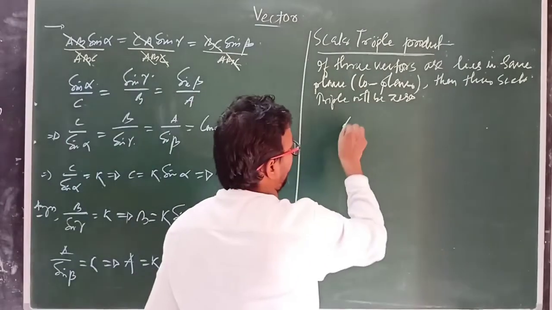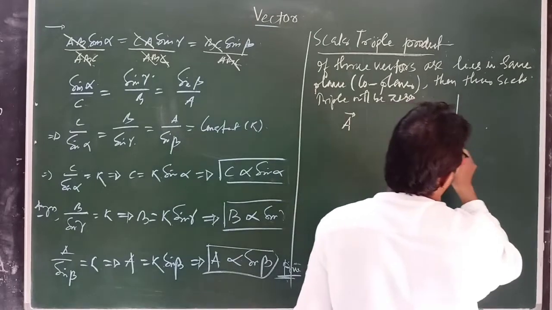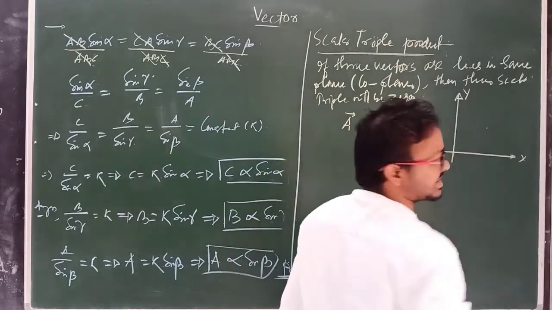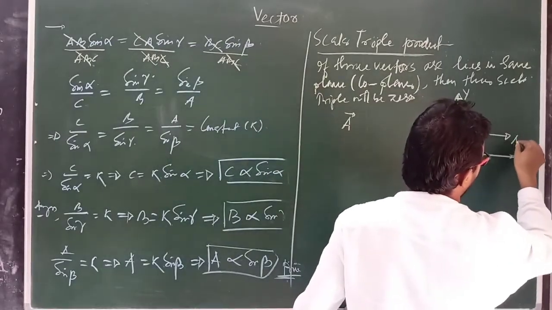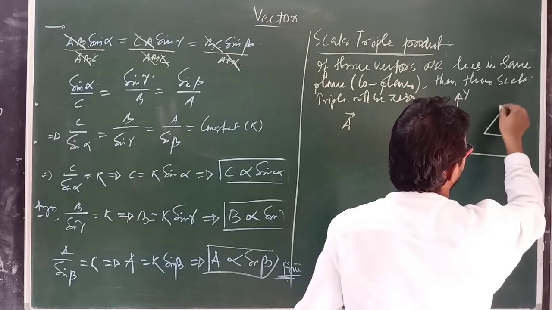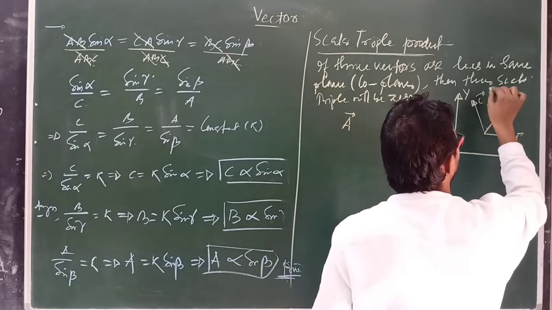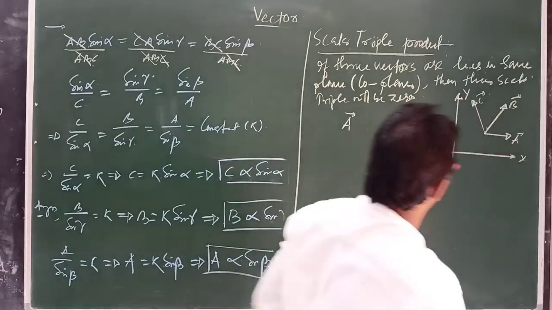So what does scalar triple product mean? Suppose I am writing three vectors. Suppose this is one plane, with the x axis and this y axis here. Suppose there is one vector A, another vector B, and a third vector C. Clear? Three vectors which lie in one common plane, and that plane is x and y.